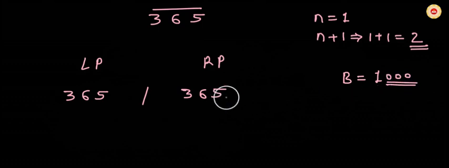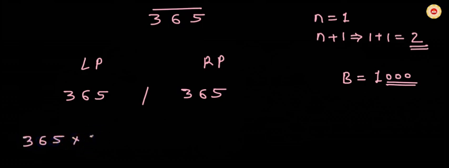It means that we need to retain 3 digits in all parts except the leftmost part. Start this process of balancing from right to left, so consider the rightmost part first. 365. Yes, we have 3 digits already, so no need to make any changes. So let us write the final answer. What is the multiplicand?